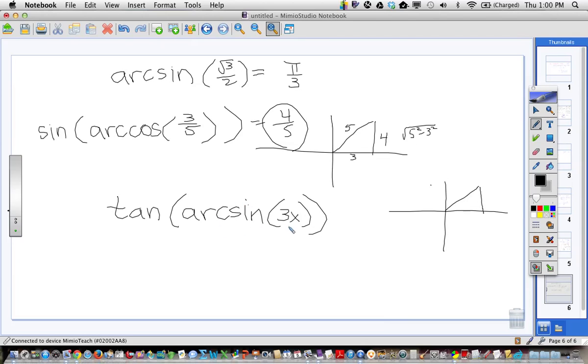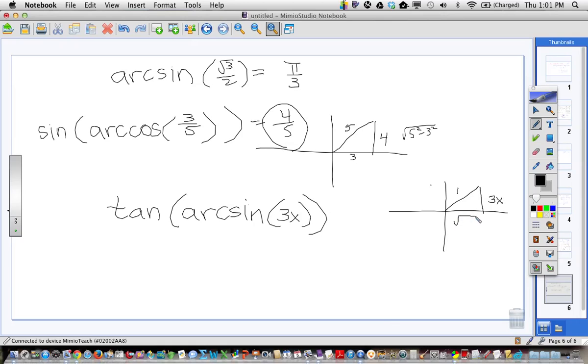So arc sine of 3x. What kind of picture would have the sine equal to 3x? Put 3x there. Hypotenuse 1. Wouldn't that work? That would have a sine of 3x, opposite over hypotenuse. So then what would this leg be?